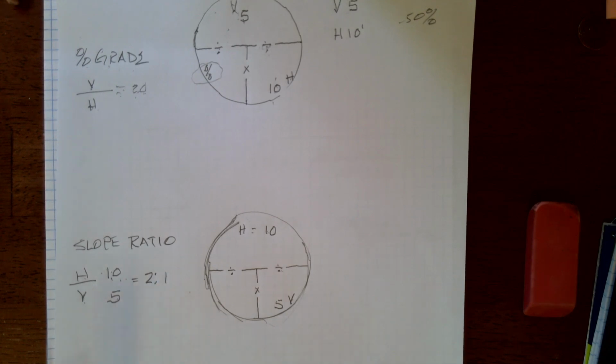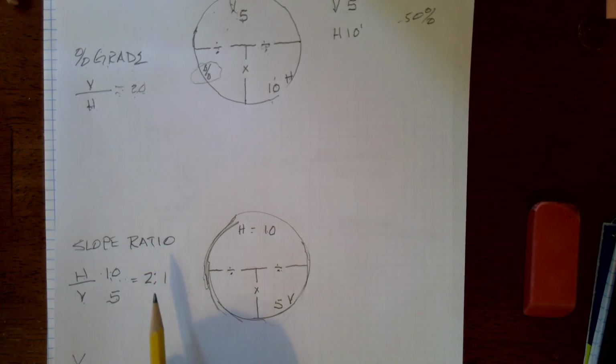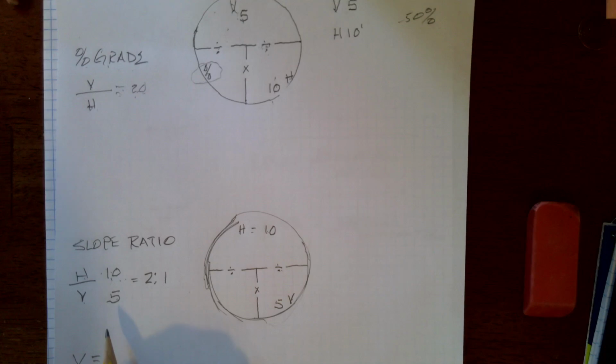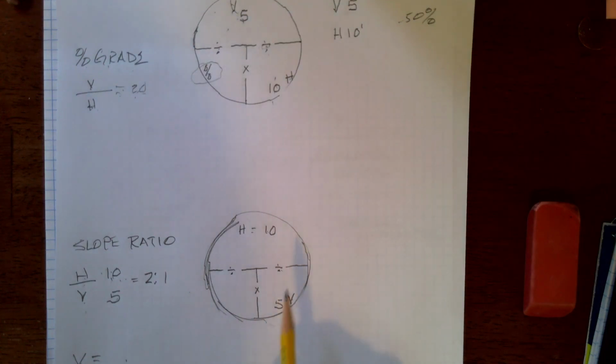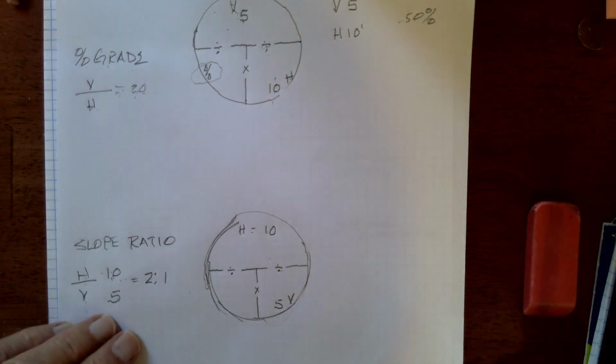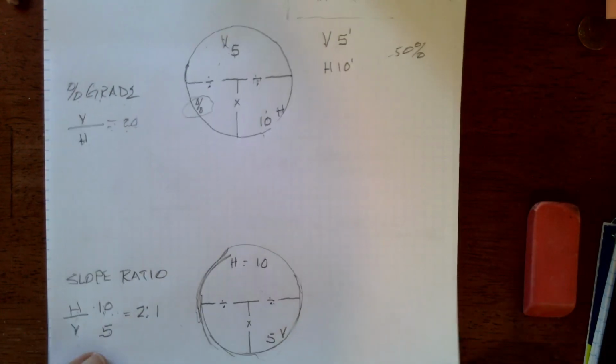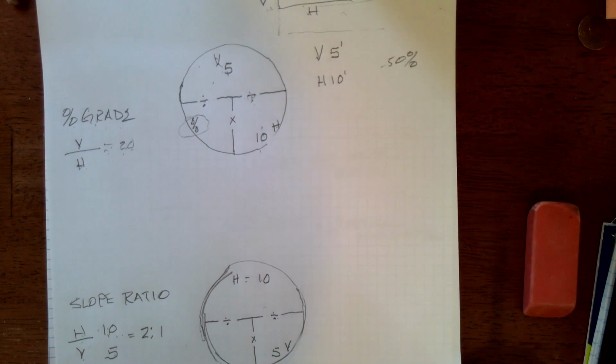Because when you have three variables and you only want one, if you're looking for vertical in this case, what are you going to have to do? You're going to have to get these values on this side of the equal sign, so you'd have to move them across there. This will do that for you. Okay, I don't want to hammer too hard on this. This is just an eye opener.